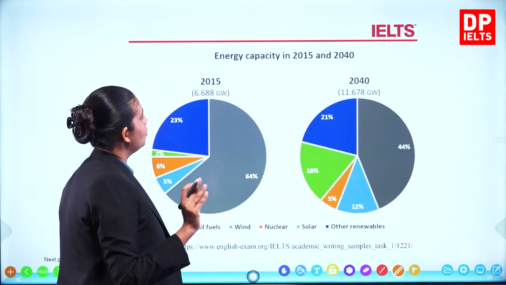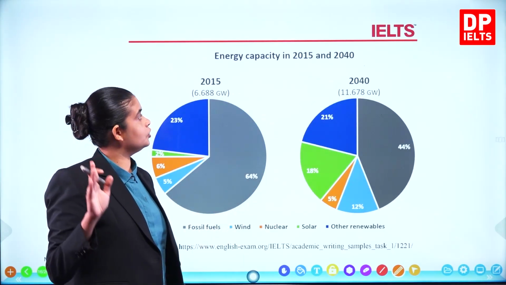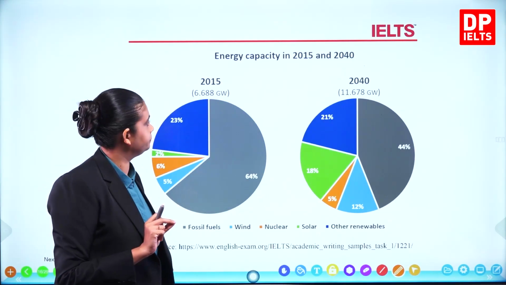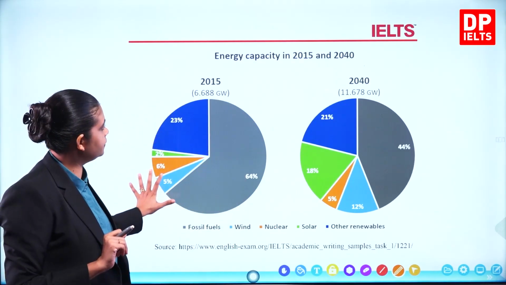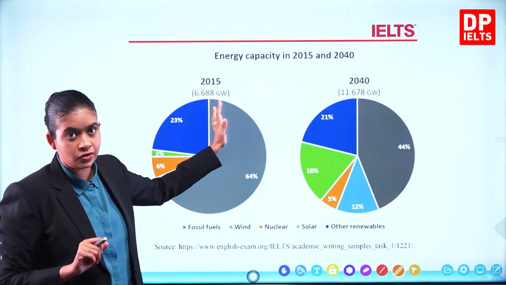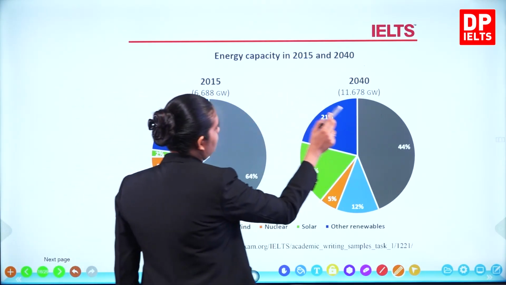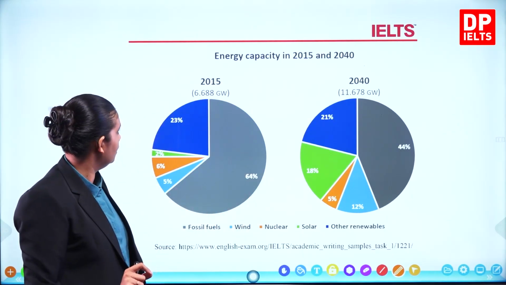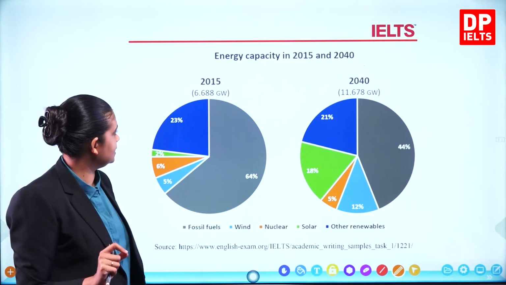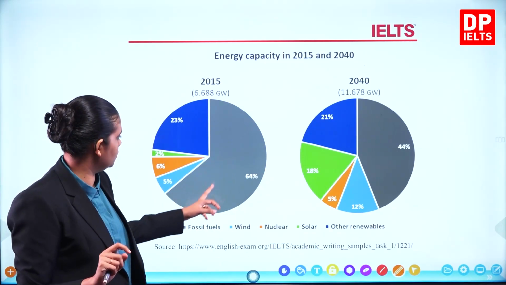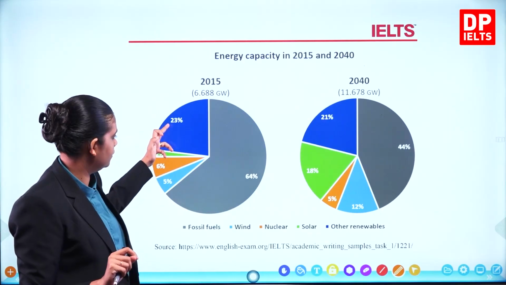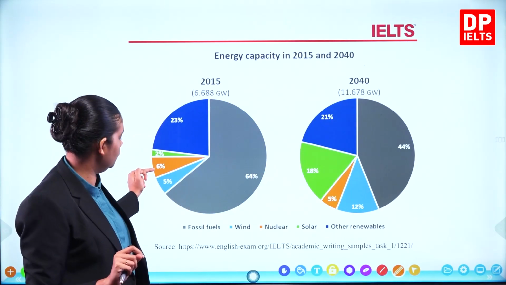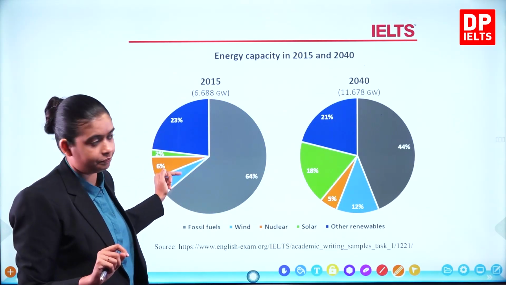Okay? Alright, so here is the energy capacity in 2015 and 2040. So 2015 we have 6.688 gigawatts, whereas in 2040 it's predicted to be 11.678 gigawatts. Now, in terms of energy capacity, fossil fuels was 64%. Then we have other renewables, and then we've got nuclear, wind, and then solar.